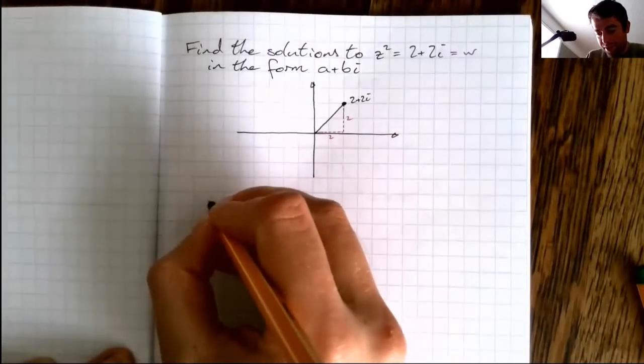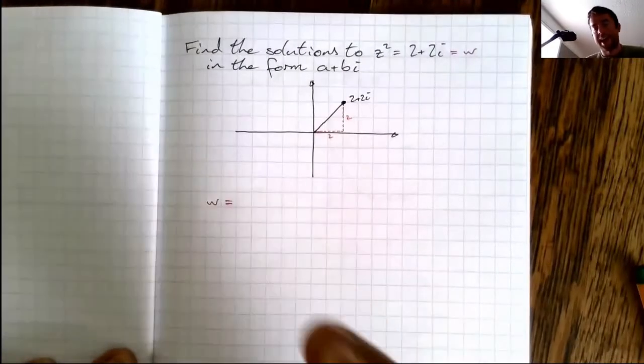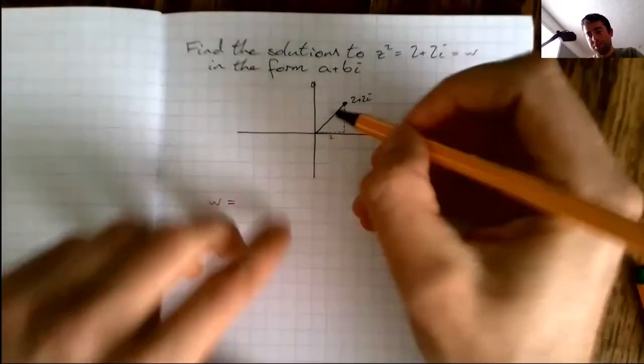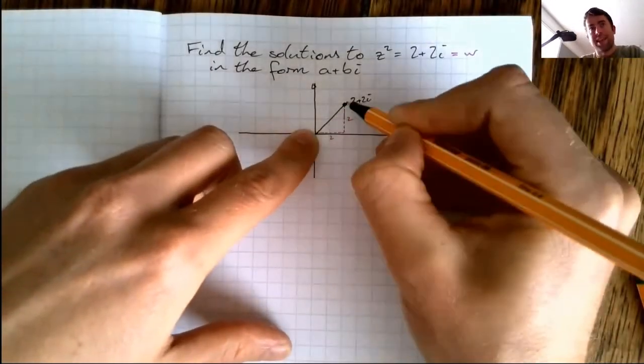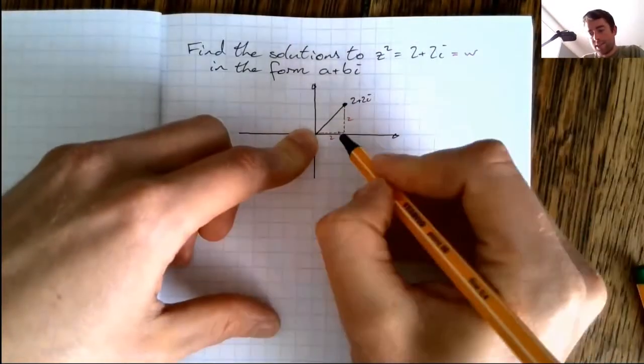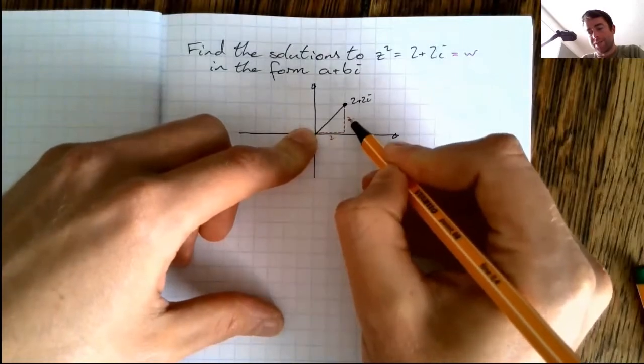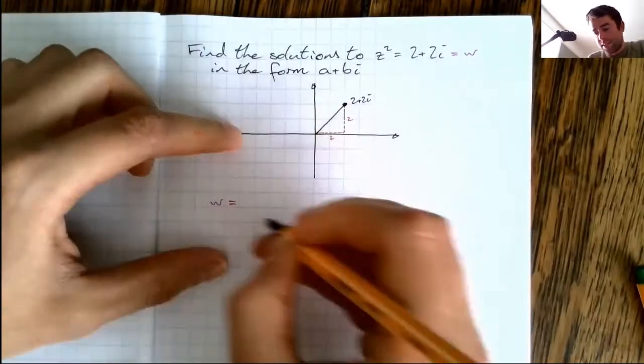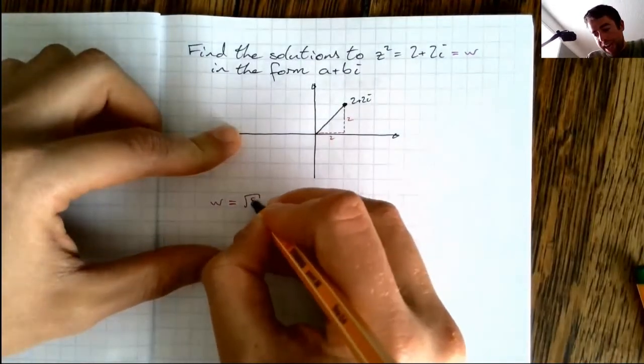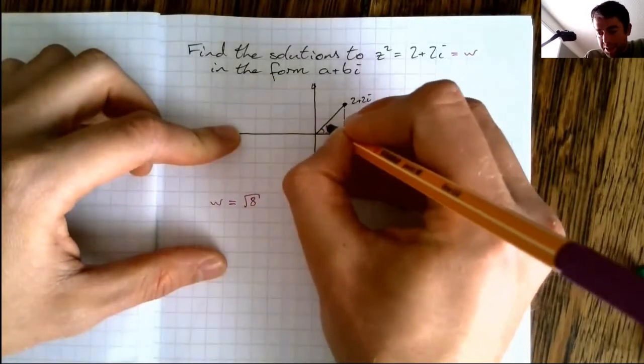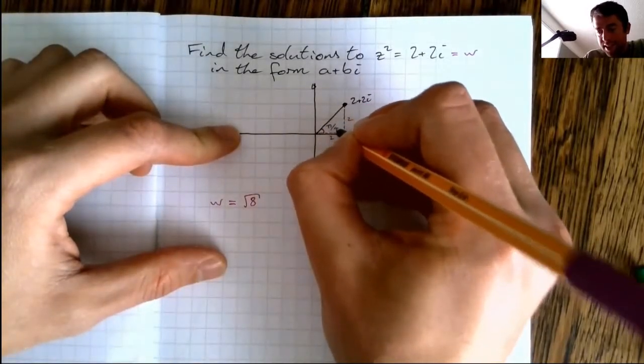And we have that w has a modulus of this length here. Let's use a bit of Pythagoras in our heads. 2 squared add 2 squared is 4 add 4 is 8. So root 8.